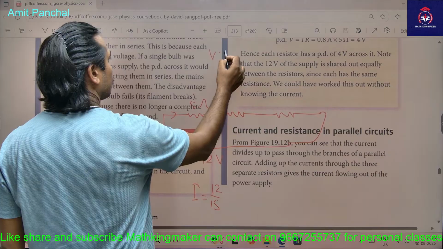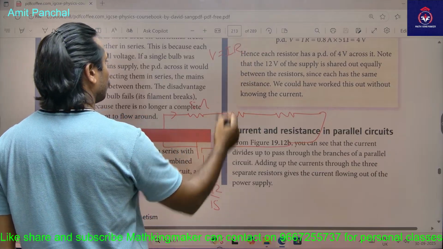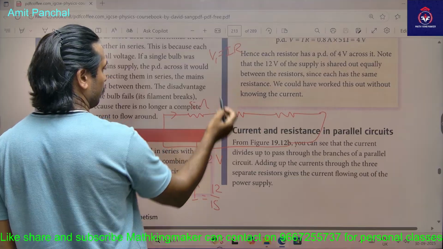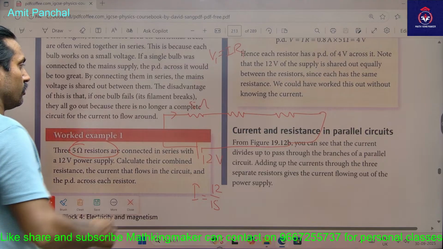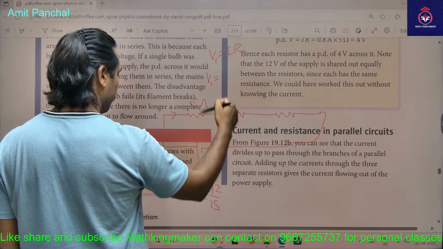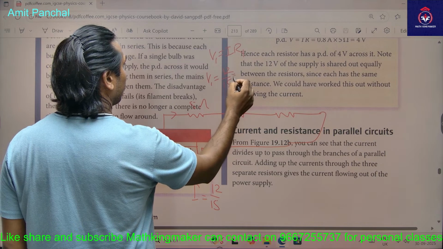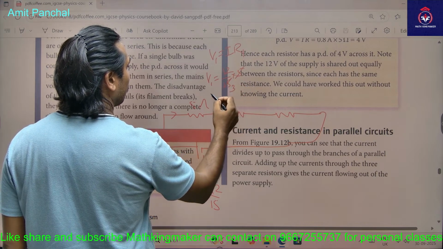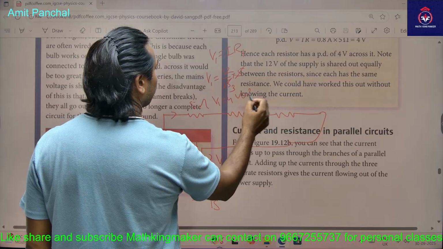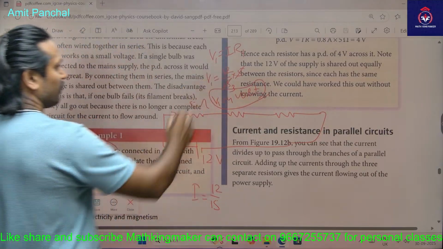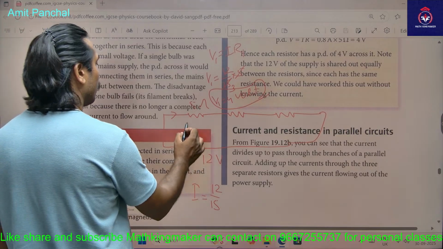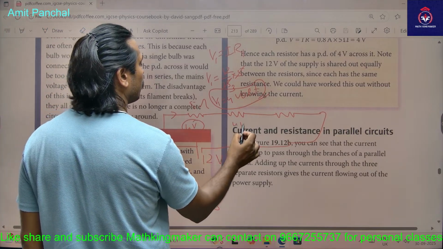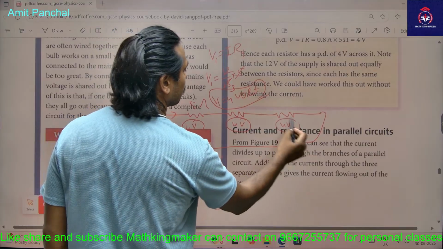The voltage is I into R. So V1 will be I into R1. I is 12 by 15, R is 5. So that will be 4 volt. As they have the same 5 ohm resistance, 4 volt will be dropped across each resistor. Got it?